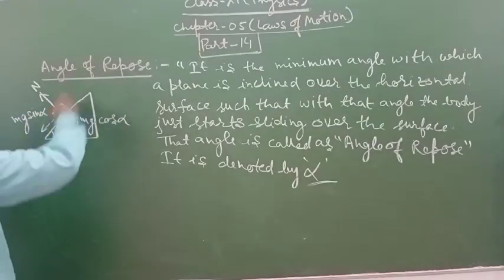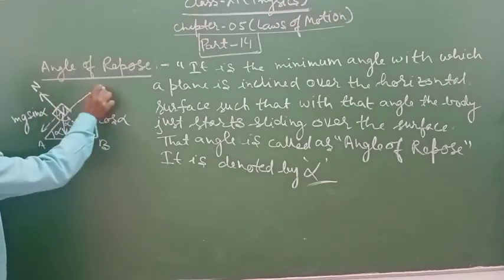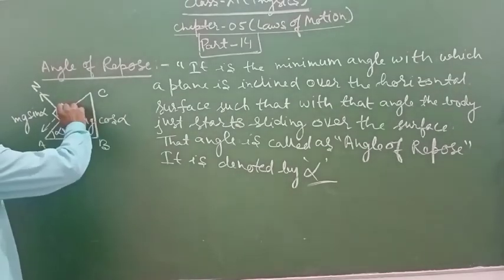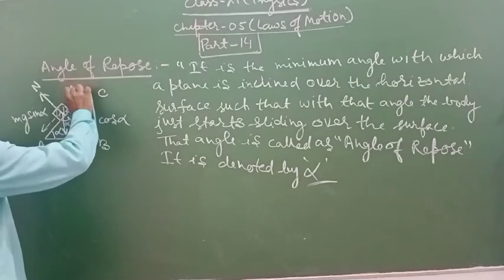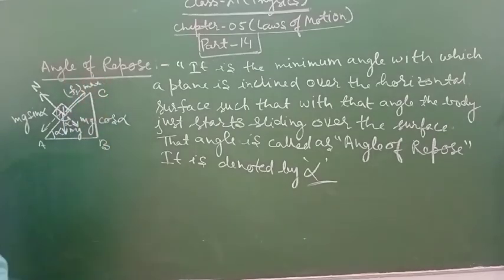Since this inclined plane ABC is a rough surface, there is a frictional force, the limiting value of friction, that is Fs max. So this is the free body diagram we have drawn for the block of mass m.